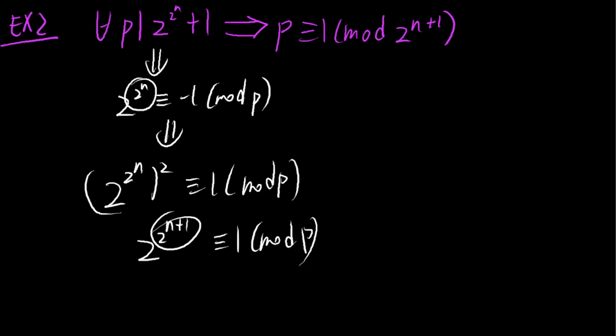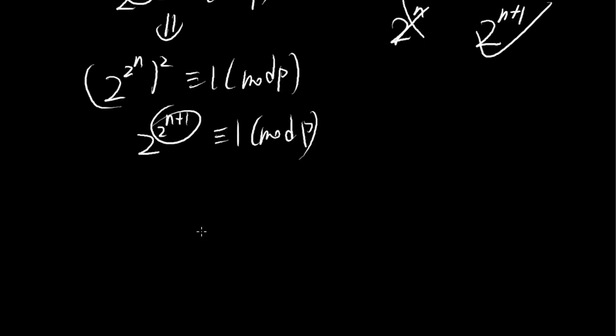Can you understand what I'm talking about? Because 2 to the power of n is not congruent to 1, but 2 to the power of n plus 1 is congruent to 1. So we guess maybe this indeed is the order of 2 mod p. So we try to prove this.